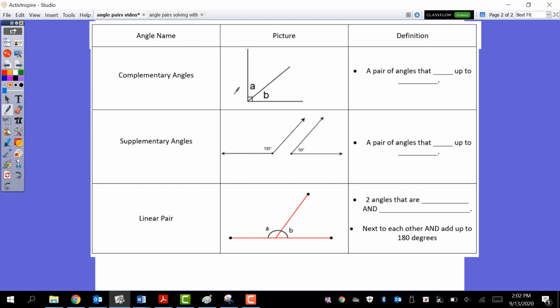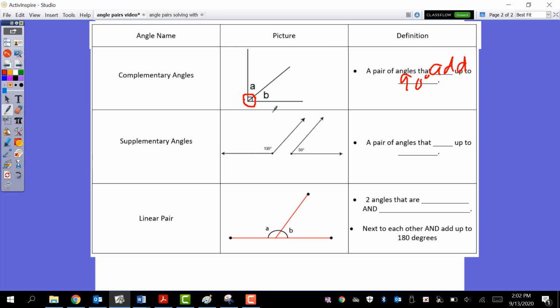All right, another angle pair is complementary angles. Complementary angles are a pair of angles that add up to 90 degrees. When I look at my picture right here, how do I know that these are complementary? Well, I know that because there's that box in the corner down there.